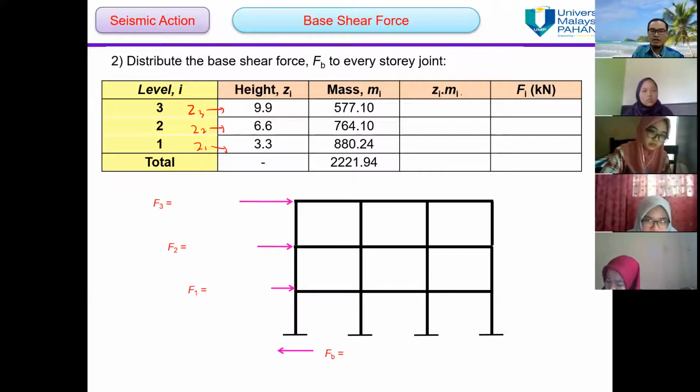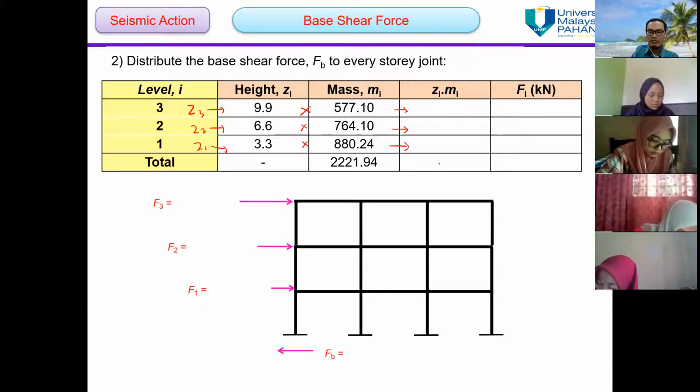Then you just multiply Z3 times M3, Z2 times M2, and Z1 times M1.